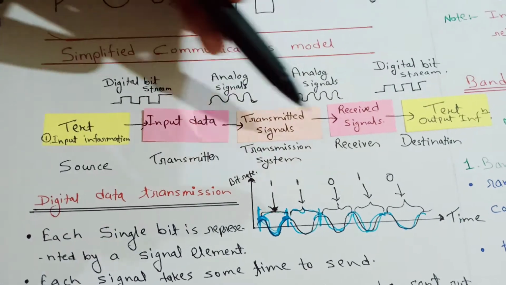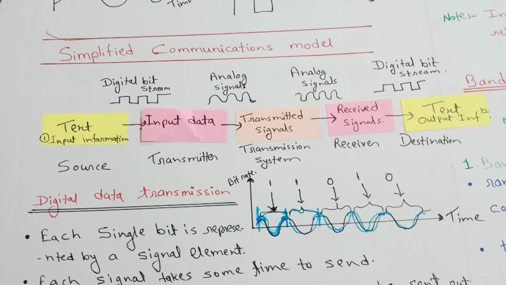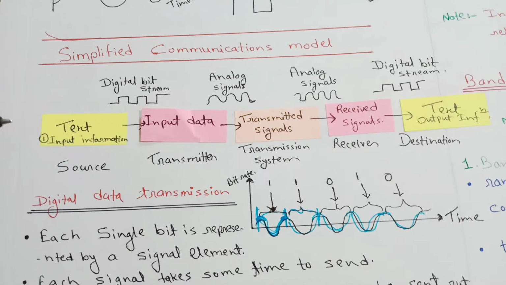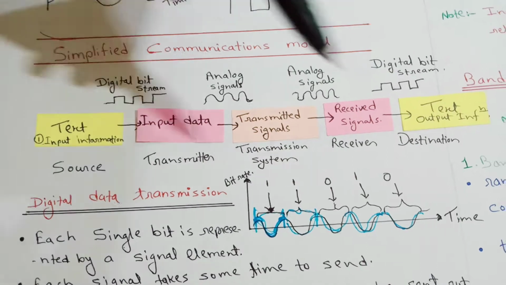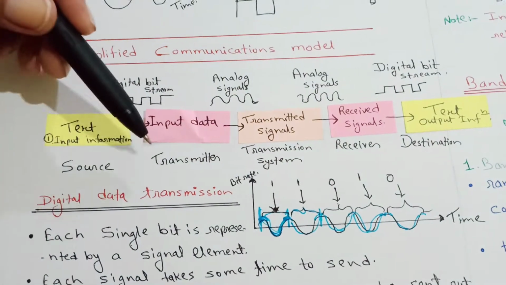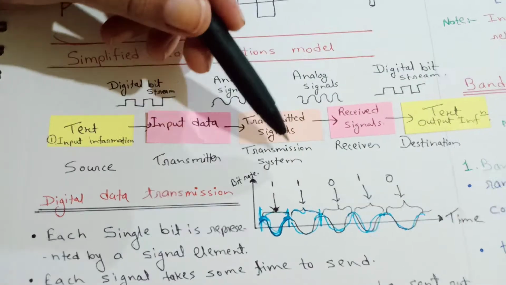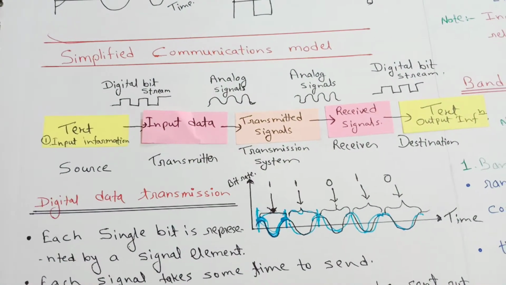This is the process of the simplified communication model, in which you can see the source, the destination, the transmitter, the receiver, and in between, the transmission system is present.